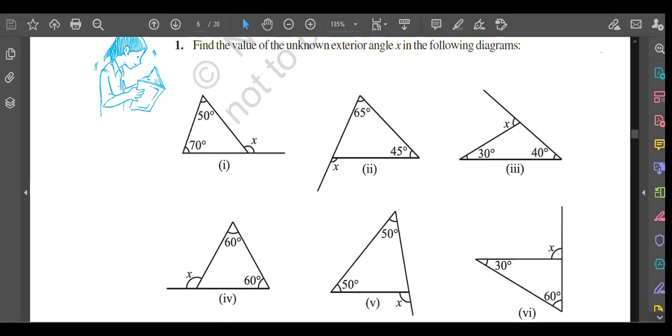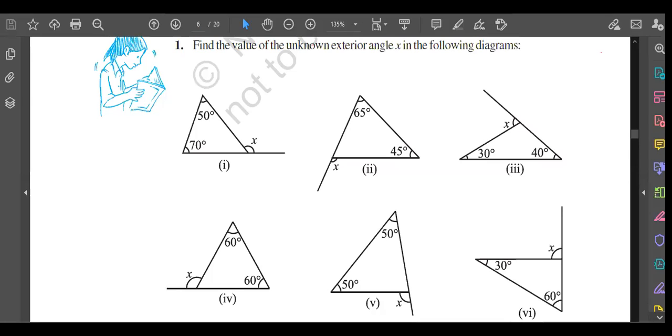Second one is 110 degrees. Third is 70 degrees.